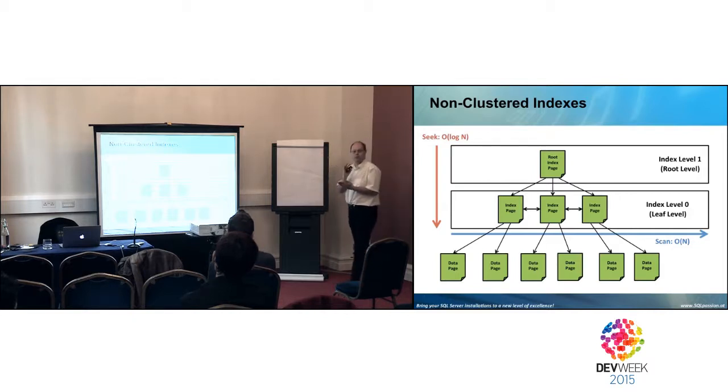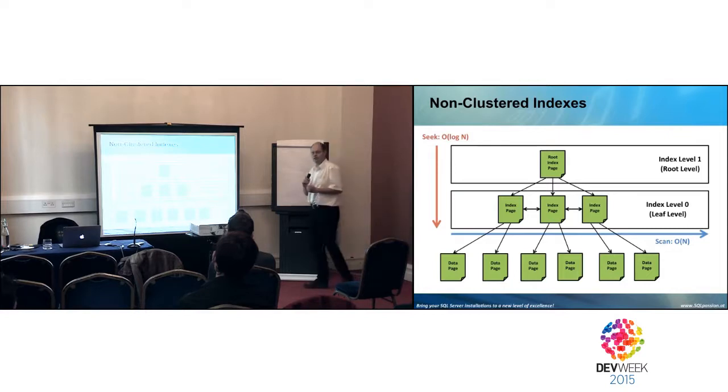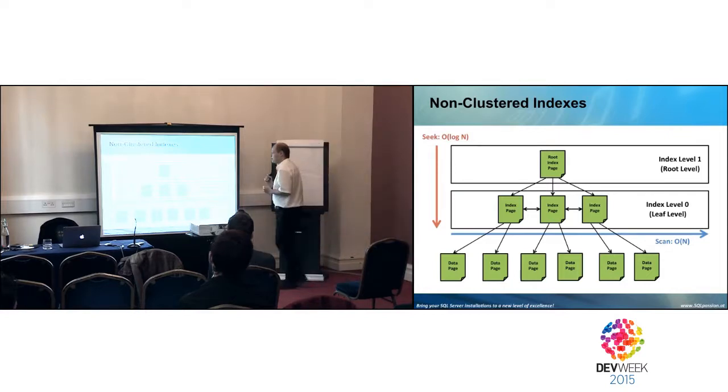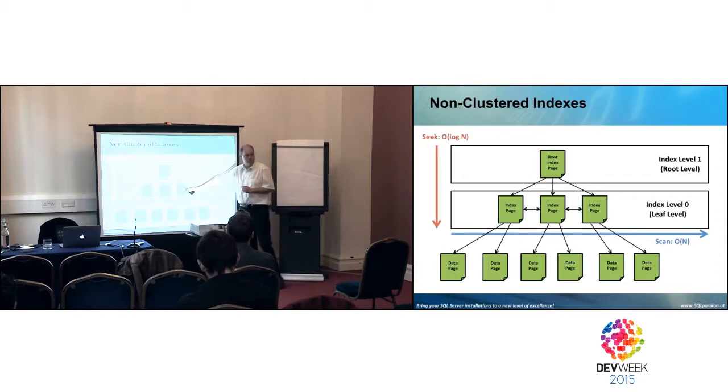The most important thing about the non-clustered index in SQL Server is that it doesn't contain your actual table data, because your table data itself is in the clustered index. That means the non-clustered index contains a logical pointer in the leaf level which points to the records in your clustered index.